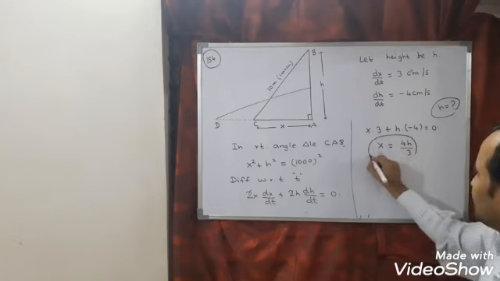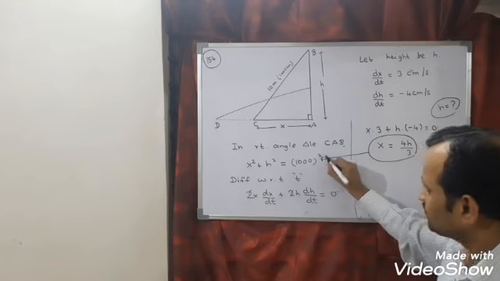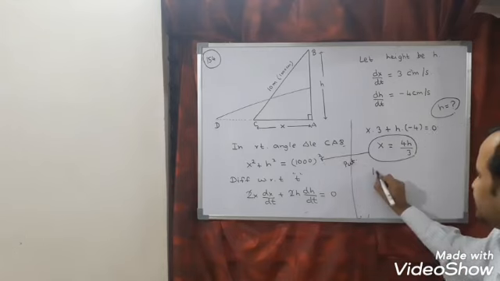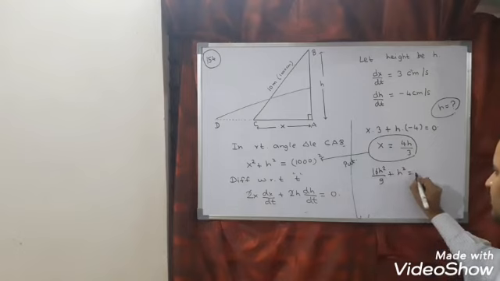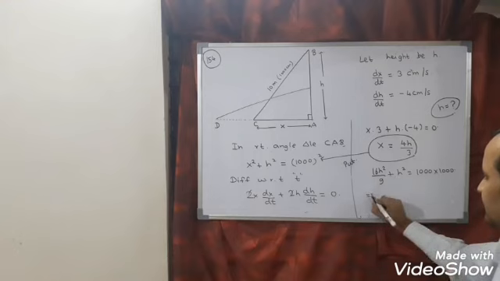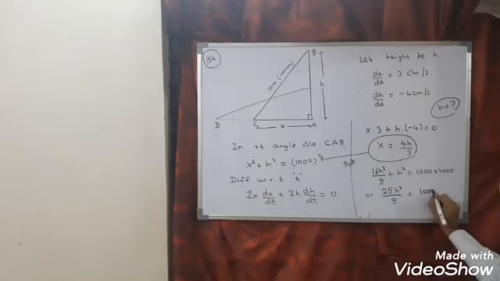The question is: find h. So this value of x I am keeping here. When you put this value, you get 16h square by 9 plus h square is equal to 1000 into 1000. Now take LCM 9. Finally you get 25h square by 9 is equal to 1000 into 1000.